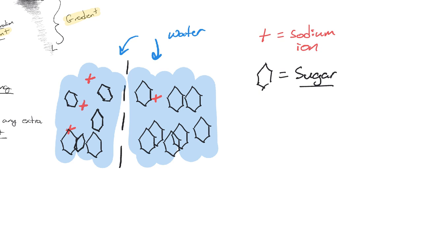So the first step to these kinds of problems, these diffusion osmosis problems, the first thing you've got to do is write down what is or is not permeable. What is this membrane?